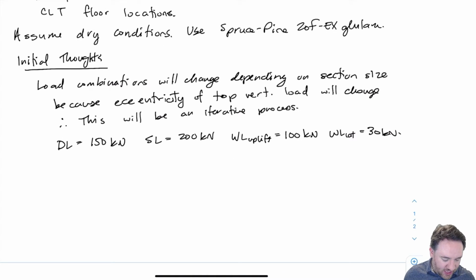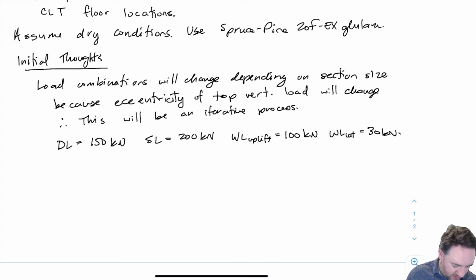So let's try to figure out approximately the axial load after we factor, and the approximate moment and shear after we factor, so that we can figure out what an appropriate size is going to be.